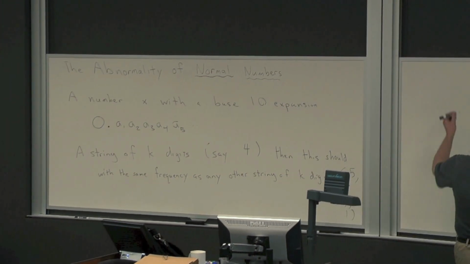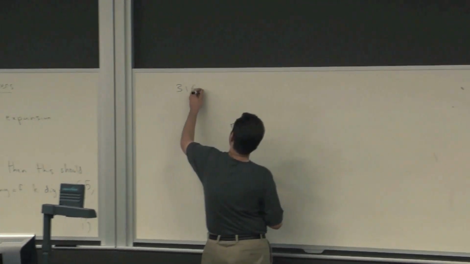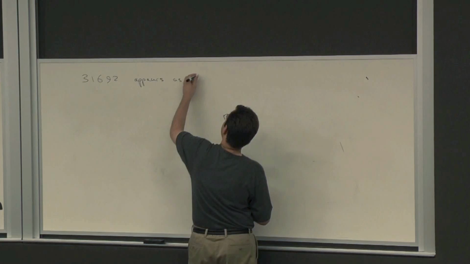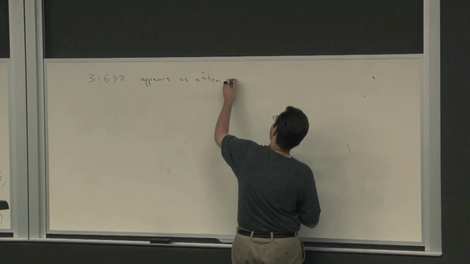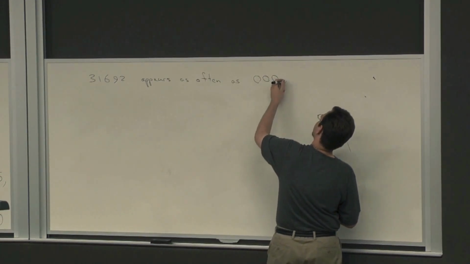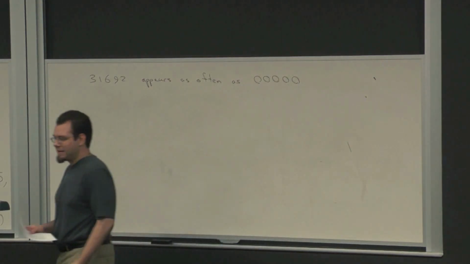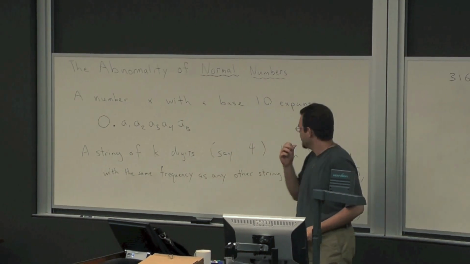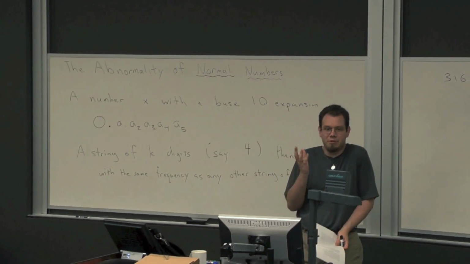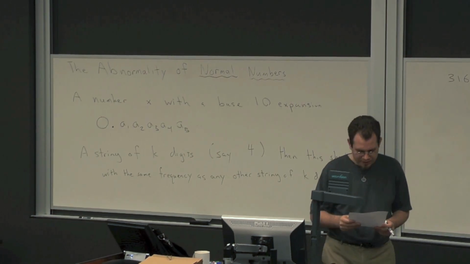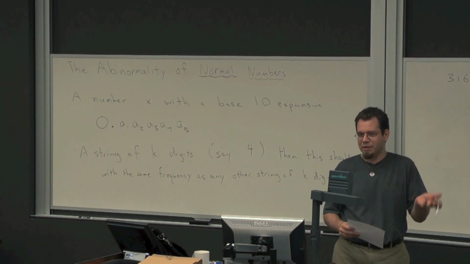So say 31692 appears as often as 0, 0, 0, 0, 0. So it's a fairly basic idea. I just want things to appear with the same frequency as everything else.